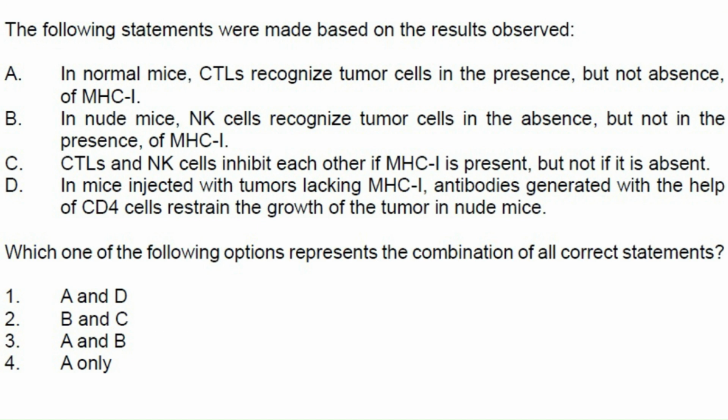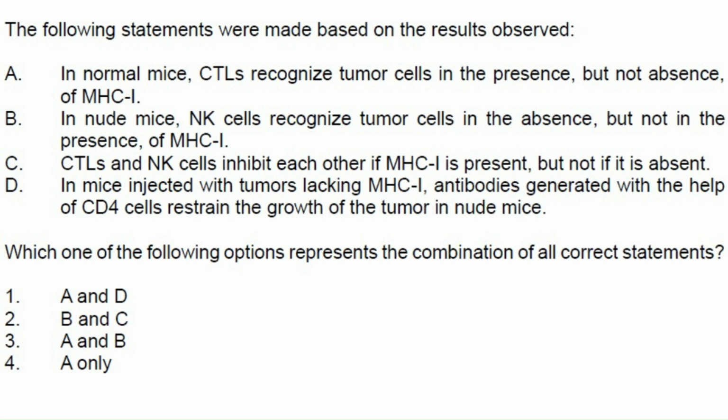Statement A is, in normal mice, cytotoxic T lymphocytes recognize tumor cells in the presence but not absence of MHC class 1 molecules. Statement B is, in nude mice, natural killer cells recognize tumor cells in the absence but not in the presence of MHC class 1 molecules.